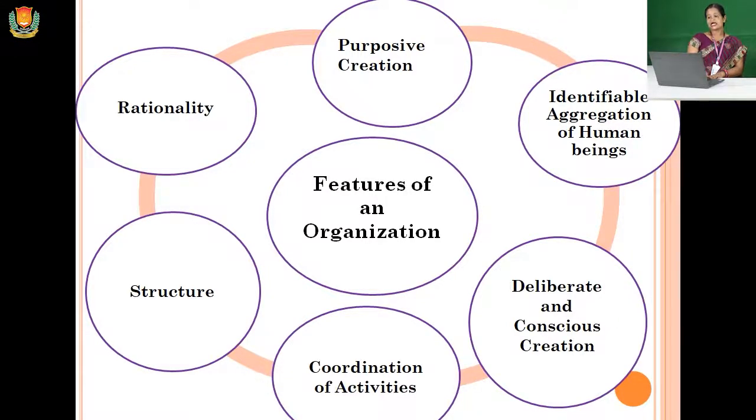Now next, deliberate and conscious creation. Here you can see the next point, that is deliberate and conscious creation. When we make the organization, this organization is not made by choice. This organization is made by selection of the people. The people who join the organization have certain specialization and certain expertise knowledge.